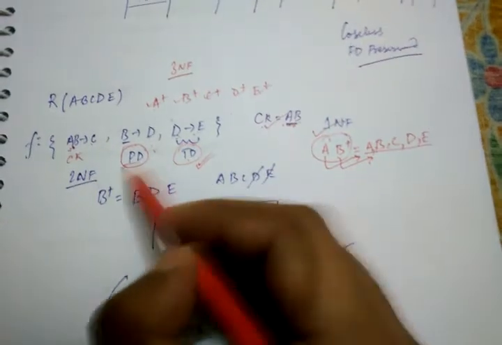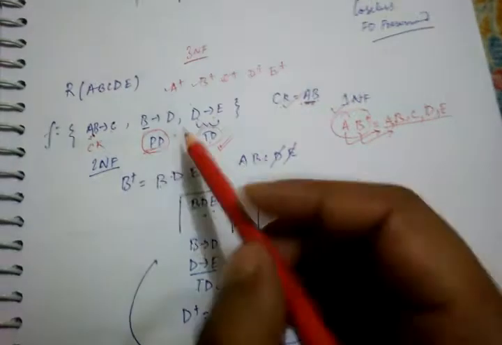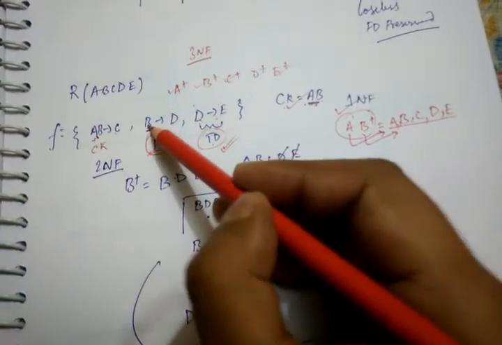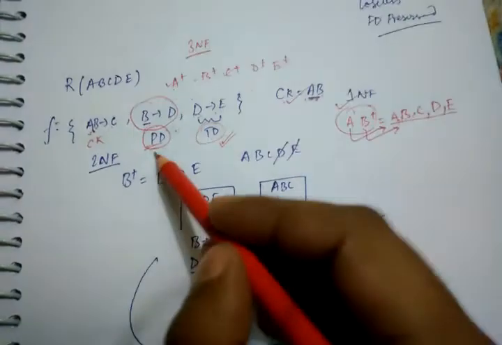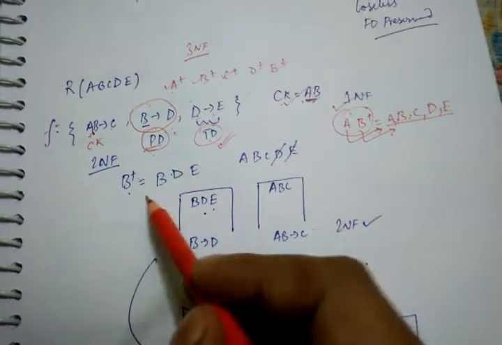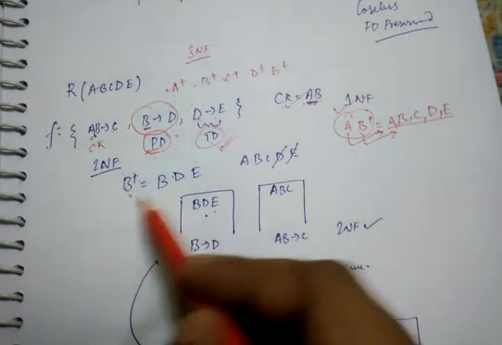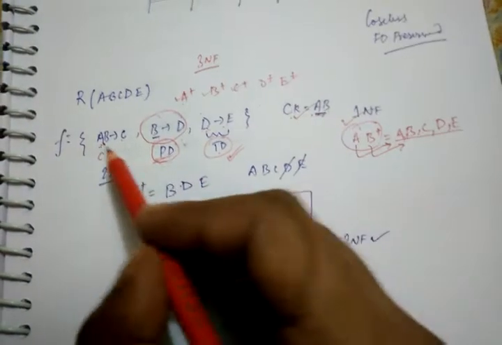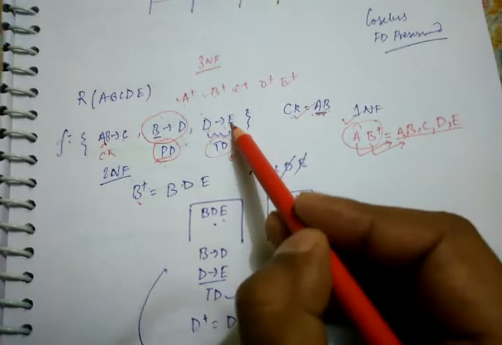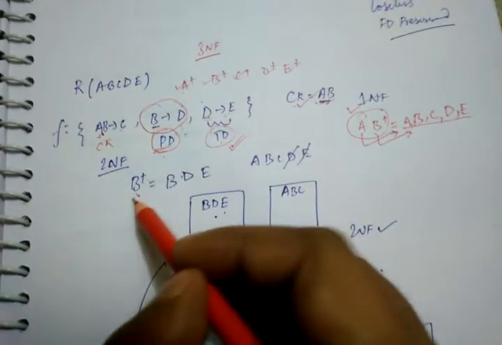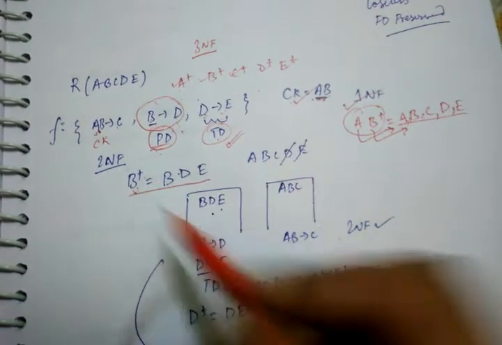After finding the partial dependency, we will find the closure for B. Why B? Because this one is the only partial dependency. So we will find B plus. From B we will get B, and by looking at this we can get D, and from D we can get E. So this is what we get from B plus.